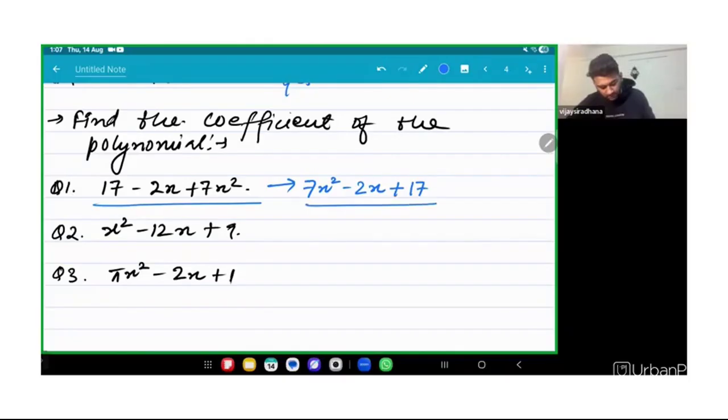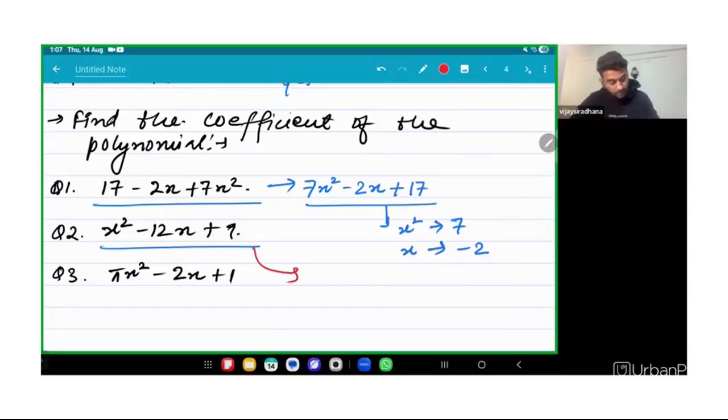So this one would be 7x square minus 2x plus 17. In this equation, the coefficient of x square is 7, the coefficient of x is minus 2. Let's see question number 2 over here. The coefficient of x square is 1, and the coefficient of x is minus 12.